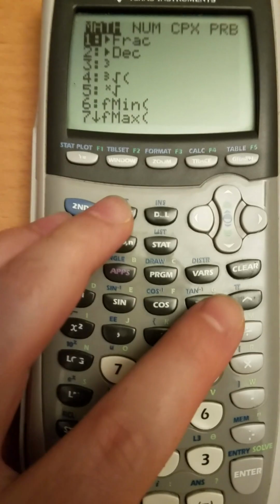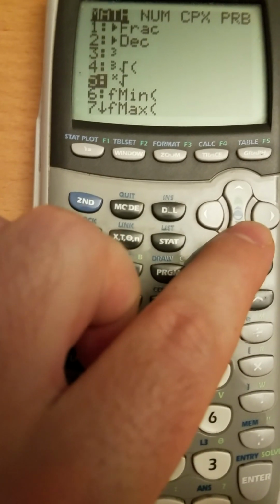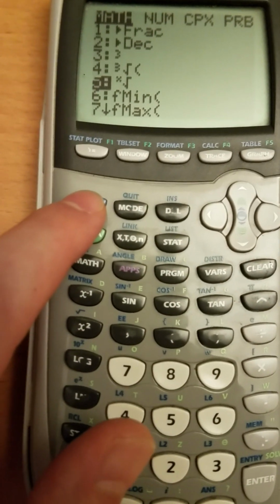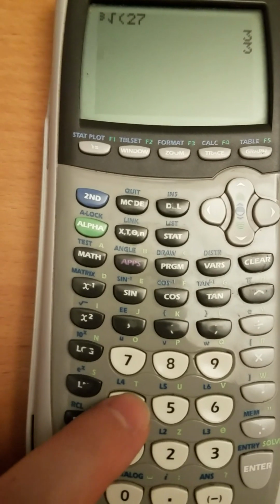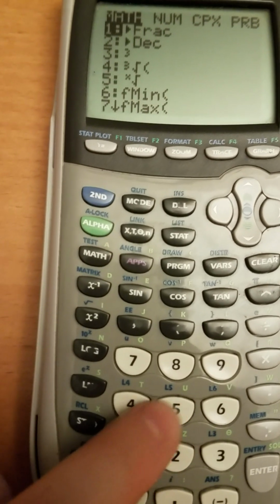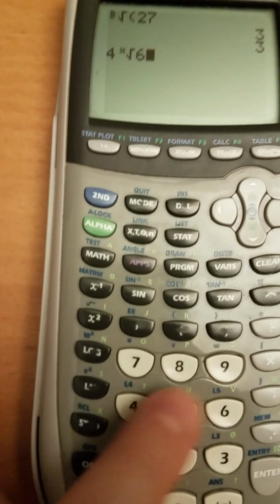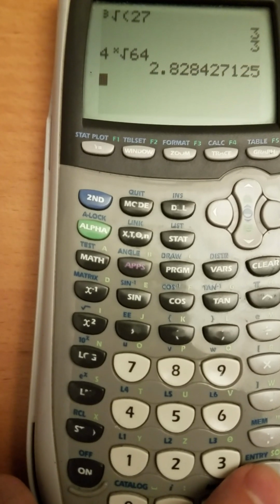If I want to take the fourth root of something, I have to use this x one here. I can also take the fifth root. So if I wanted to take the fourth root of, say, 64, I would do 4, math, and then the x one, which is 5, and then 64, and then I would get this decimal.